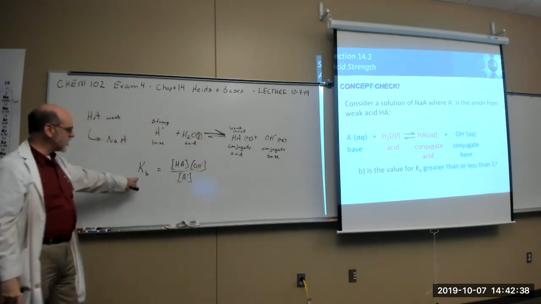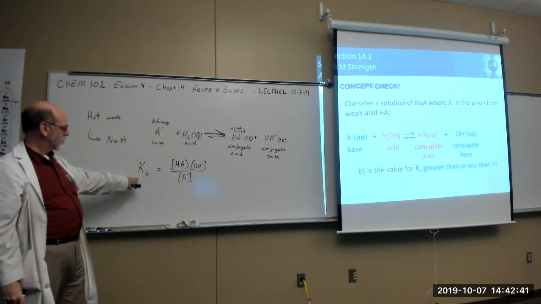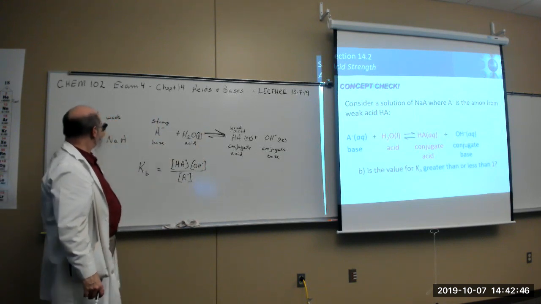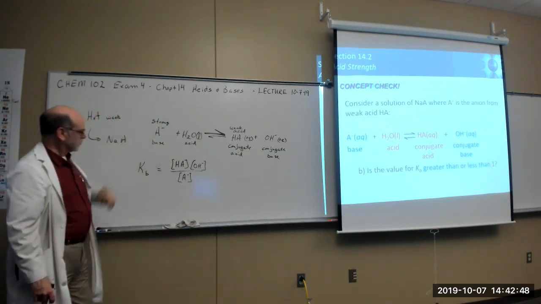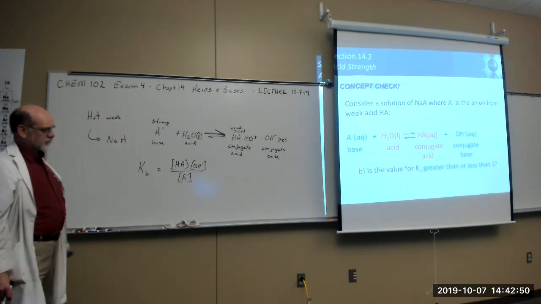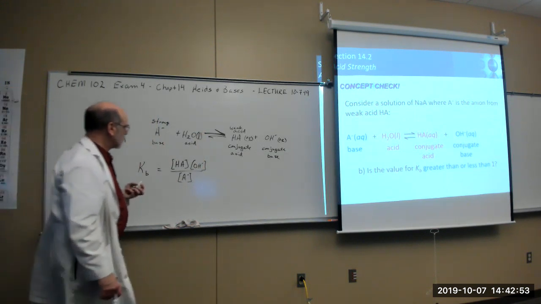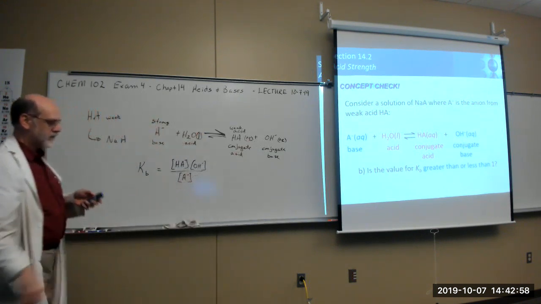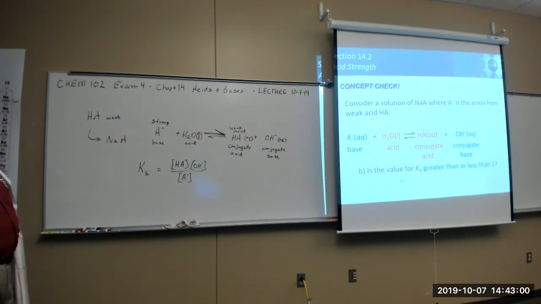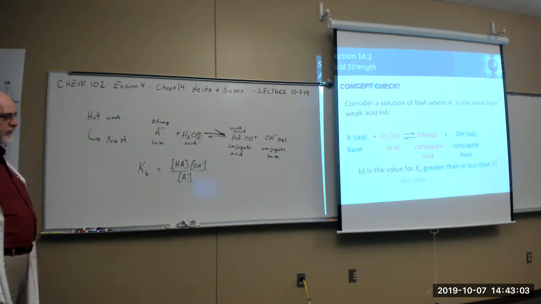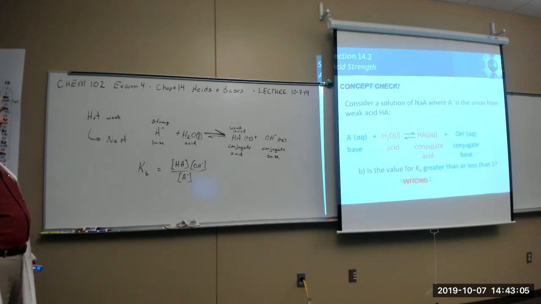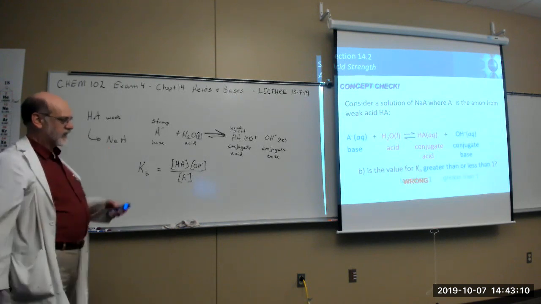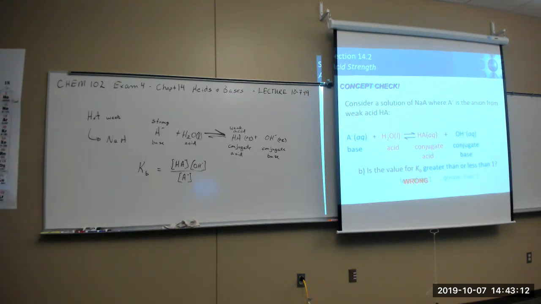So that's our Kb expression for this conjugate base of that acid. So that means this is going to be big, that's going to be small, so it should be greater than 1. And they got it wrong again. So I had to correct it. It's greater than 1. I didn't have to do that, I just felt like digging.